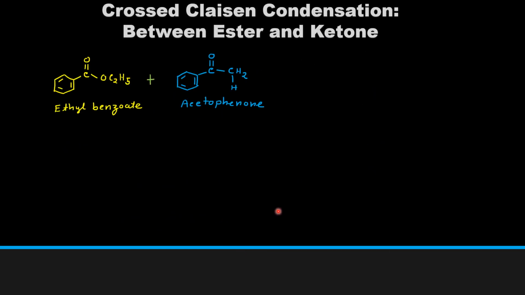Now this is another example of cross Claisen condensation reaction, that is between ester and ketone. So in this example here you can see that in the ethyl benzoate the alpha carbon doesn't have the alpha hydrogen, but the ketone has the alpha hydrogen. So that means in presence of a base the carbanion will form in acetophenone molecule.